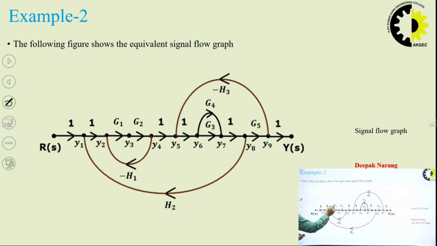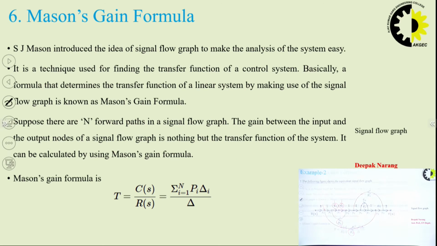We can see here G1, G2 have become the branch gain of this particular branch, and these have become feedback loops with gain minus H1 and H2. So this is how we have replaced all the summing points which were given in the block diagram into various nodes, and the transfer function of the given block diagram has become the gain of this particular branch. So this is how a block diagram is reduced into its SFG.